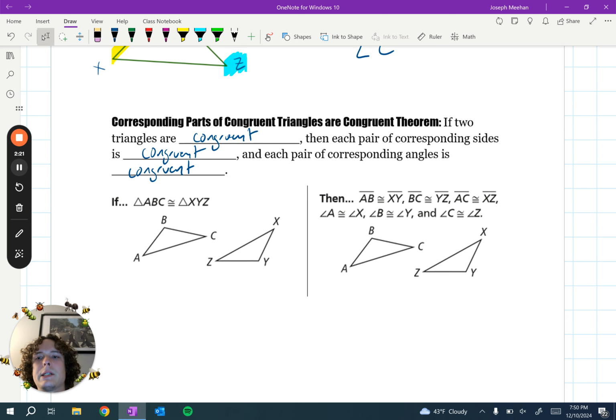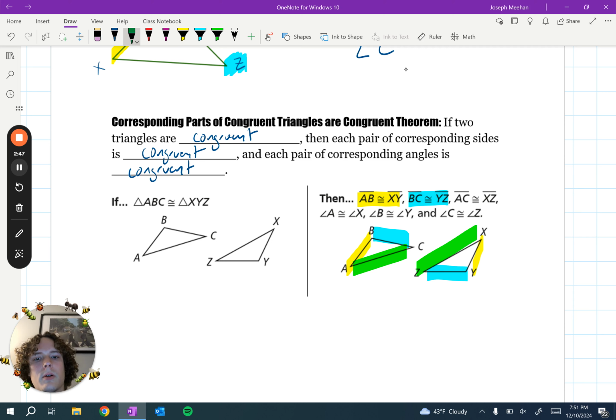So in the if-then down here, it says if ABC is congruent to XYZ, then AB is congruent to XY. BC is congruent to YZ. It says AC is congruent to XZ.